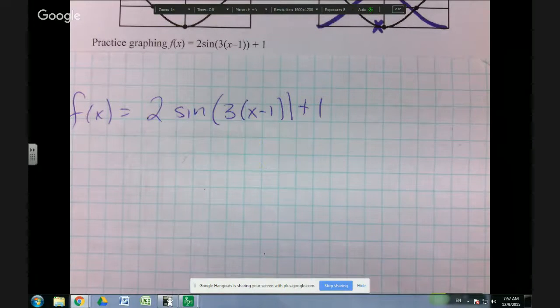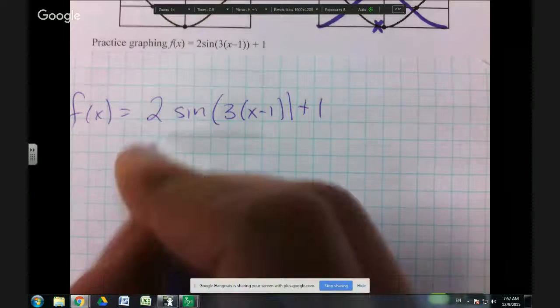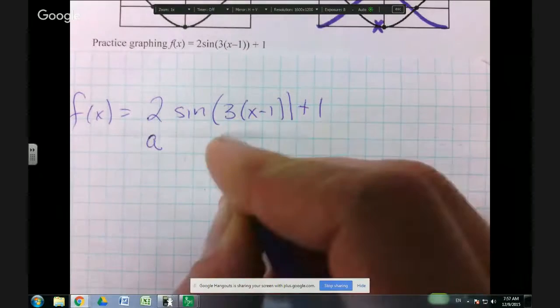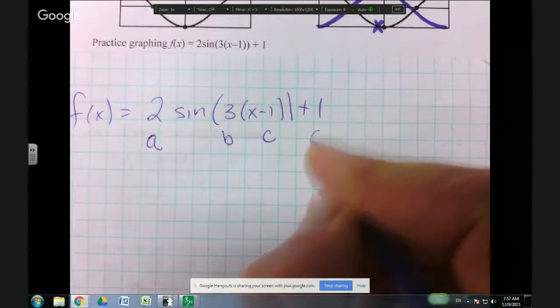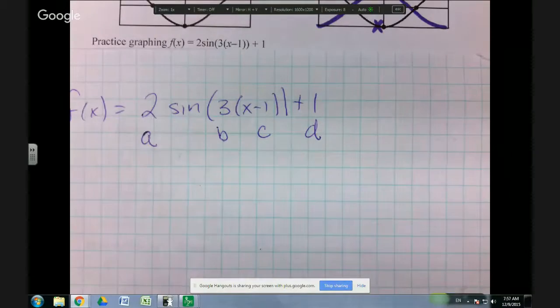First step is to identify your A, B, C, and D. We need those values.